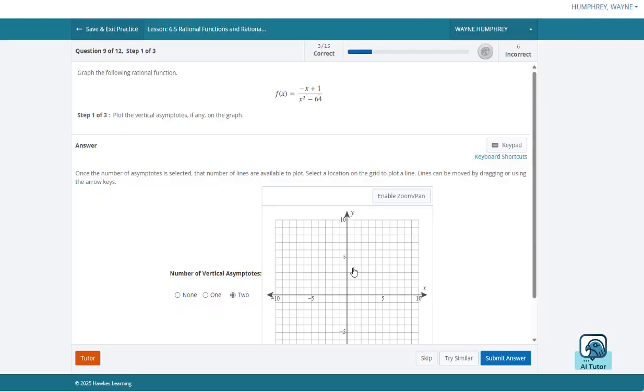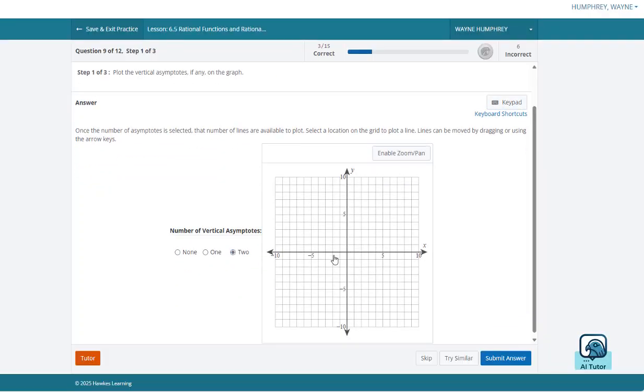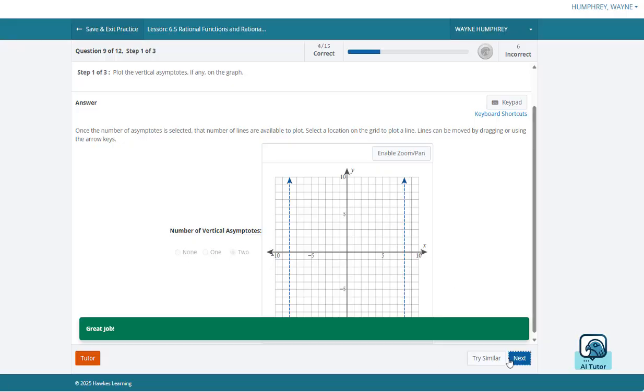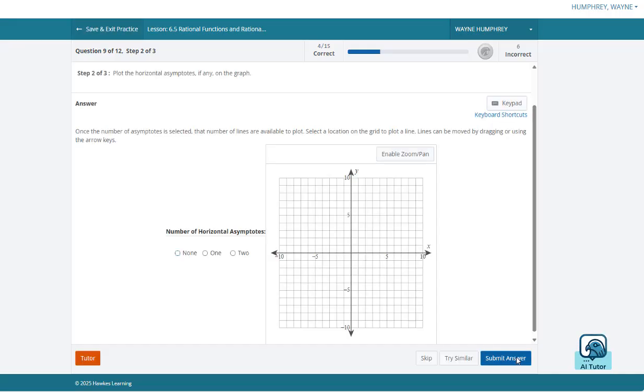There are 2 of them, and they want us to plot them, so we come over here and plot that one at -8 and this one at +8. Okay, and now plot the horizontal asymptotes.